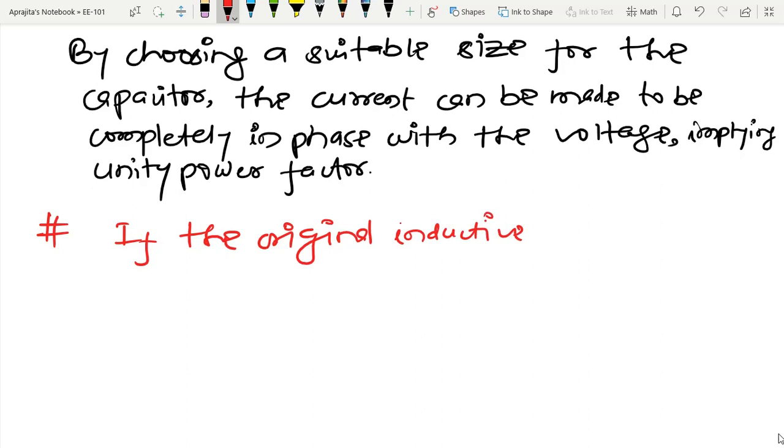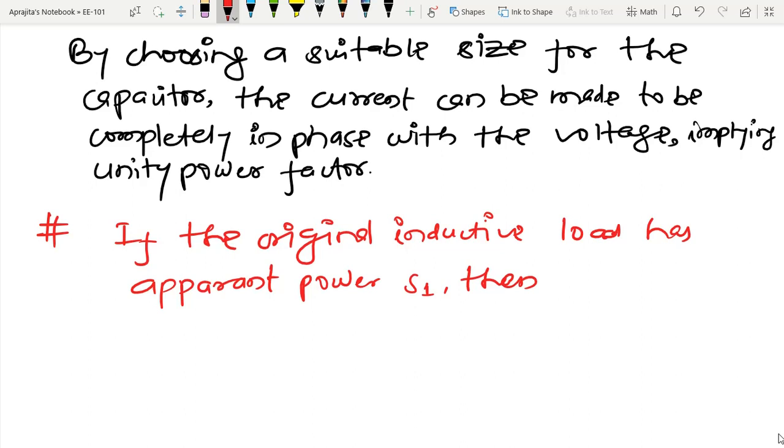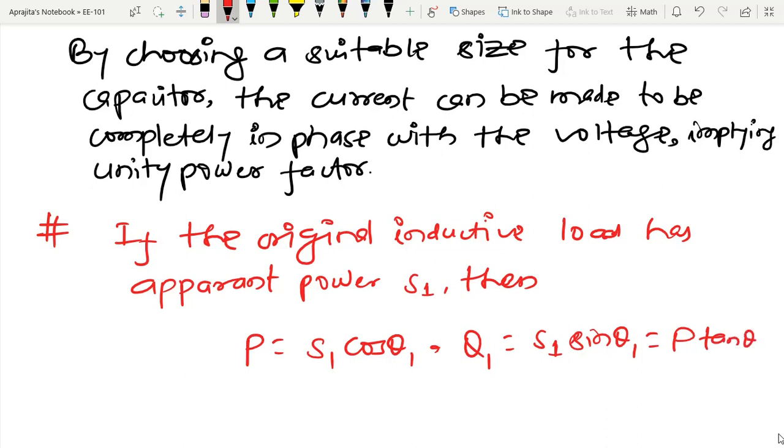So if the original inductive load has apparent power, because the magnitude of apparent power is exactly equal to the complex power, I am assuming that is equal to S1, or small s1, then I can also write that P, meaning real power, is S1 cos theta 1, theta 1 is the power factor, and reactive power is S1 sin theta 1, and also I can write in terms of P, that is P tan theta 1. So this is basically very much obvious.